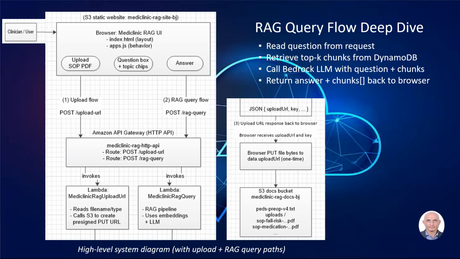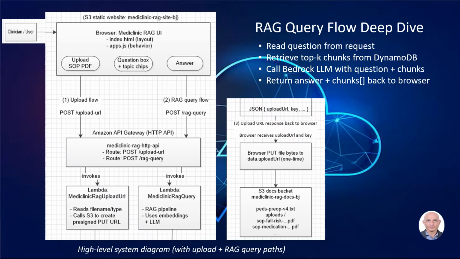Each row stores the document ID, the chunk index, the chunk text, and the embedding vector. Second, it calls Amazon Bedrock and passes the top K chunks plus the question into Claude 3 Sonnet. The model is instructed to answer only using those passages and to include internal references, like a number 1, to the snippets.